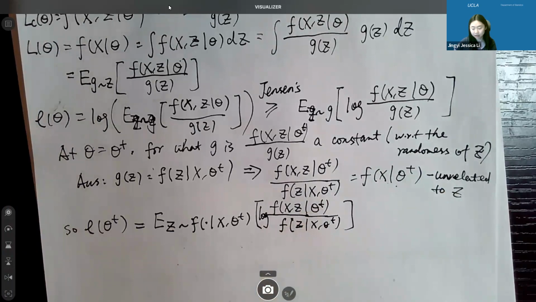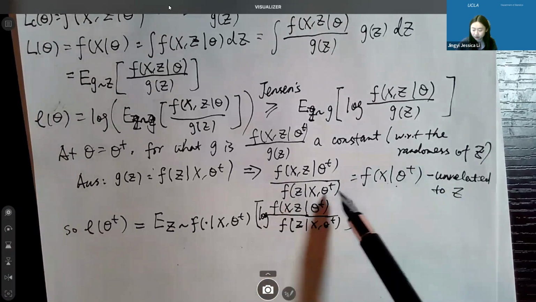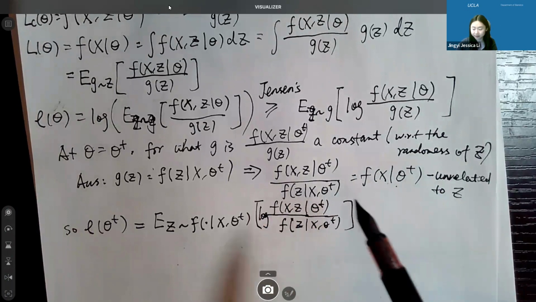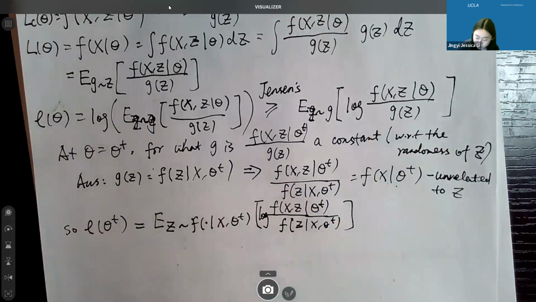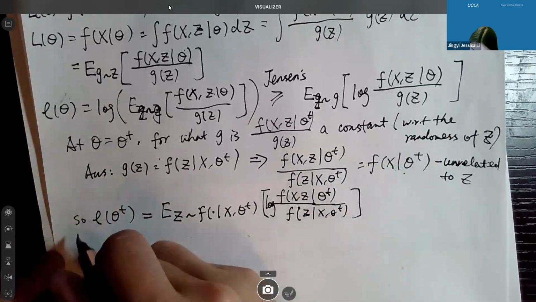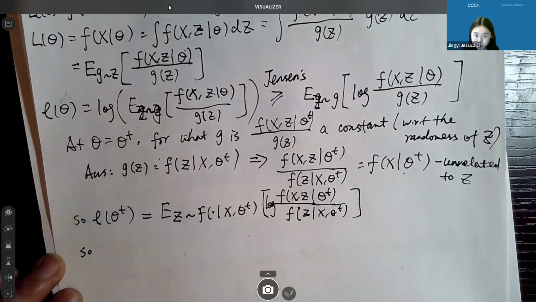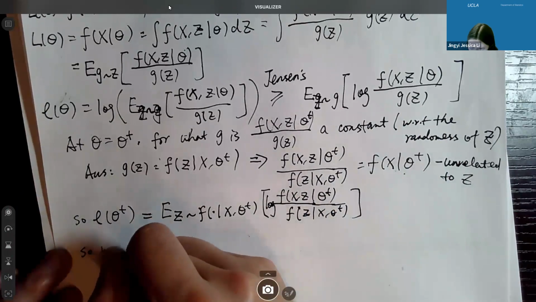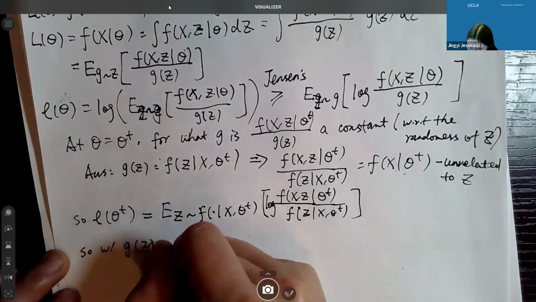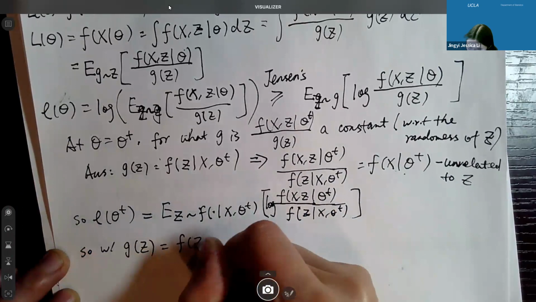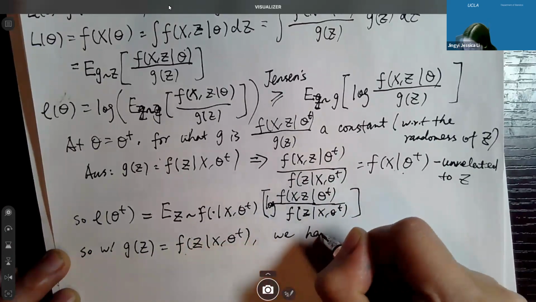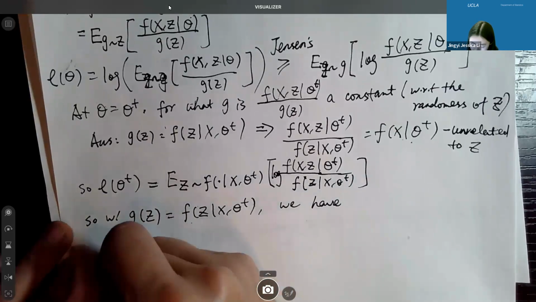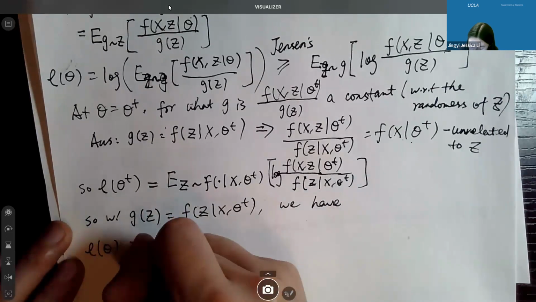Okay. So one important thing is that this argument for the tangency gives me g. With g specified in this way, so the lower bound I find, with g(z) specified as f(z given x and theta t), we have the lower bound of the log likelihood.